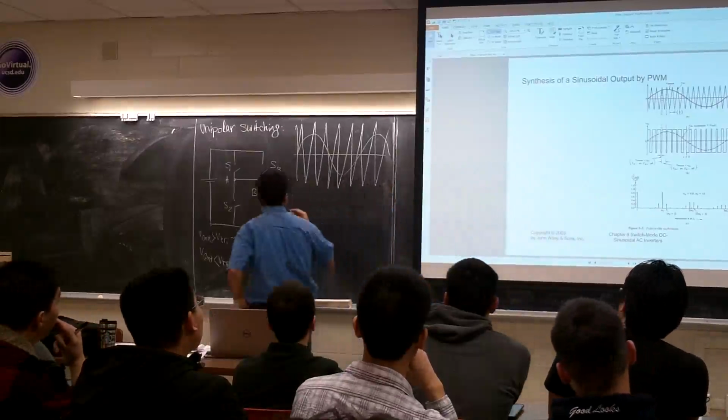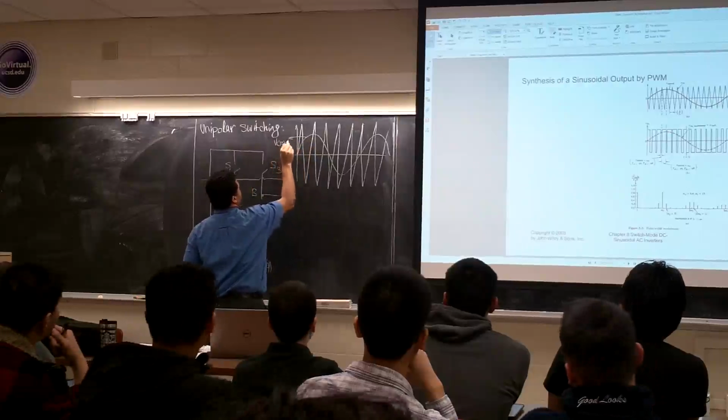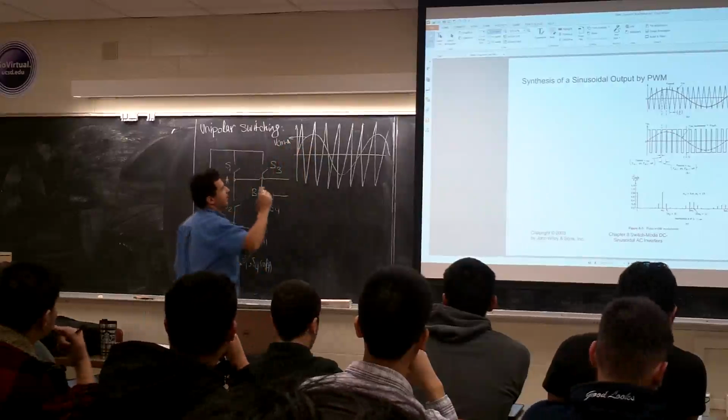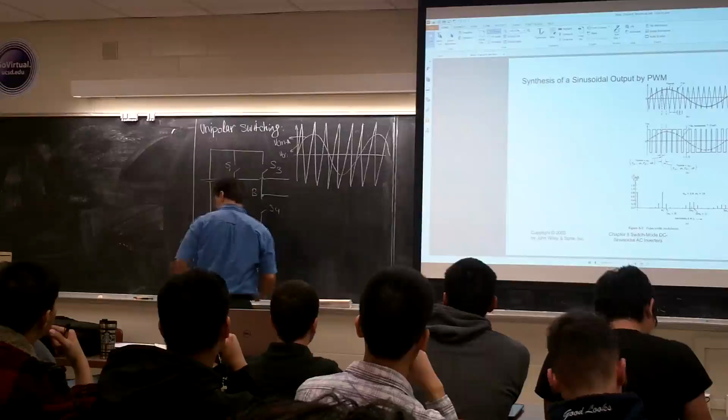Now, I'll select another. I'll call this one VCon A, and this is the VTRI we have.